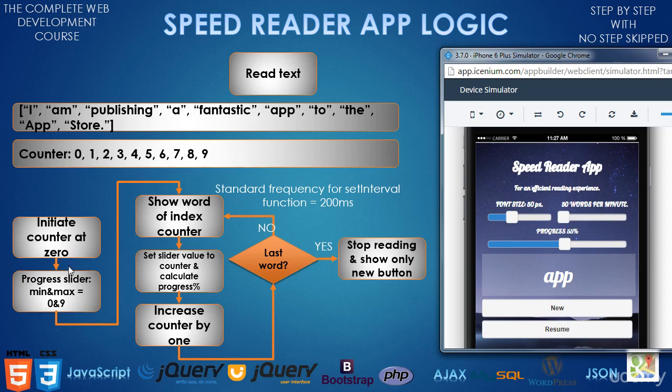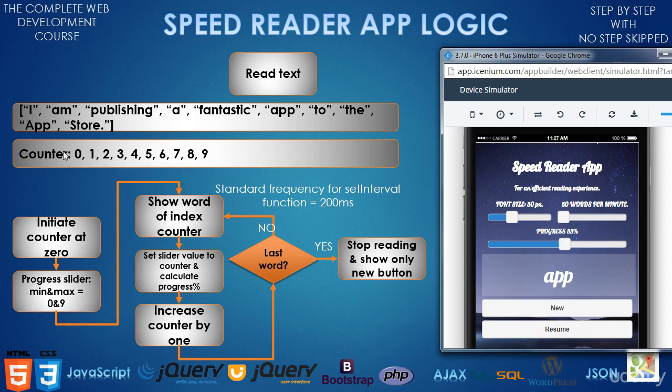And at the same time, we are going to set the min and max values of our progress slider to 0 for the min and 9 for the max. So 9 refers to the length of our array minus 1, or the number of words minus 1. Basically, the value of the progress slider is going to be exactly the value of the counter.